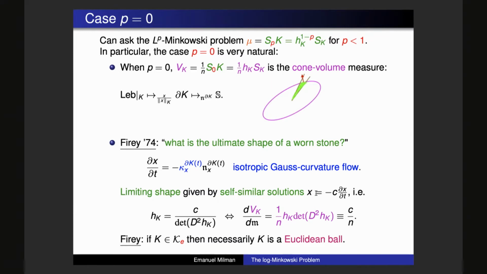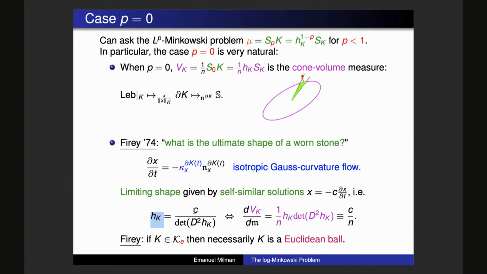So let's dualize. So this means just take the scalar product with the outer normal. So if you take the scalar product of location with the outer normal, just by definition, you're going to get the support function on the left side. And if you use our geometric evolution equation and take the scalar product with the normal, well, the normal scalar product with the normal is 1, you're just going to get a constant times the Gauss curvature.